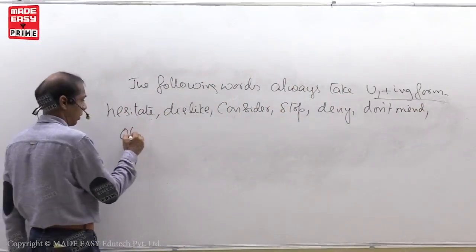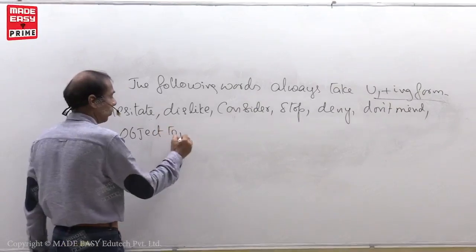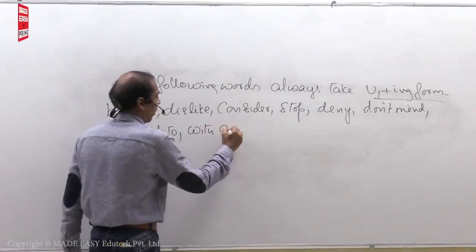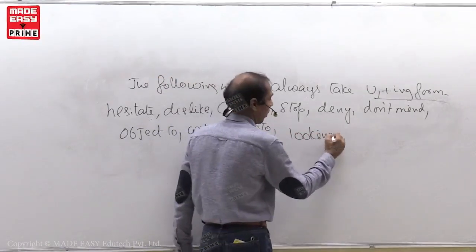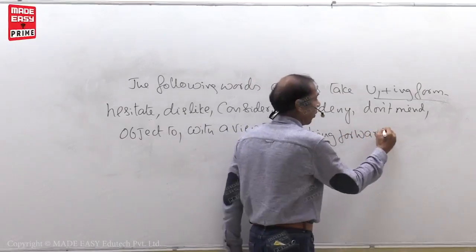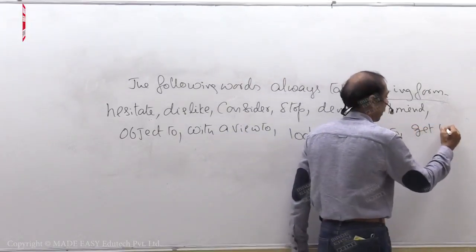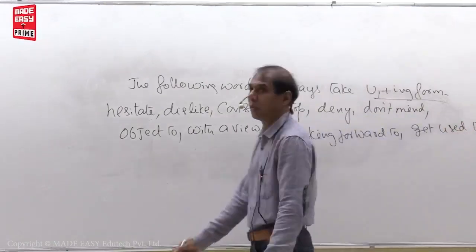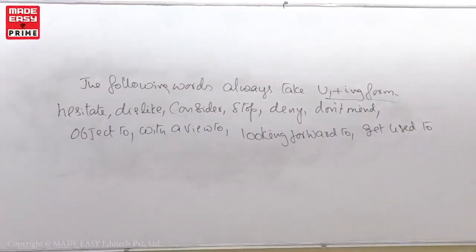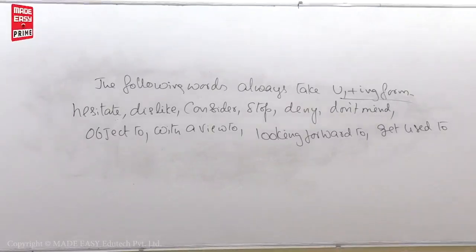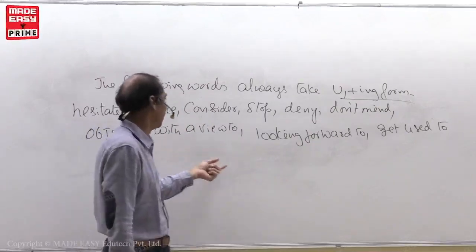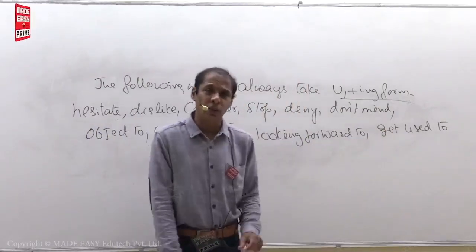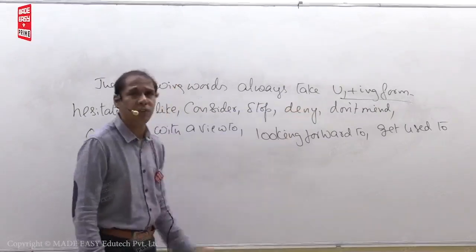Okay. Object to, with a view to, looking forward to, get used to. Just concentrate. Okay. See, 1, 2, 3, 4, 5, 6, 7, 8, 9, 10. Okay. These words always take V1 plus ing form.